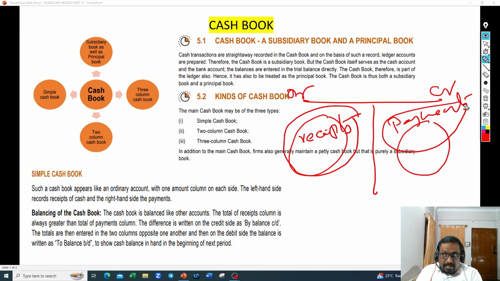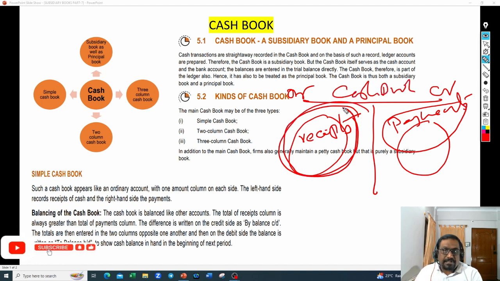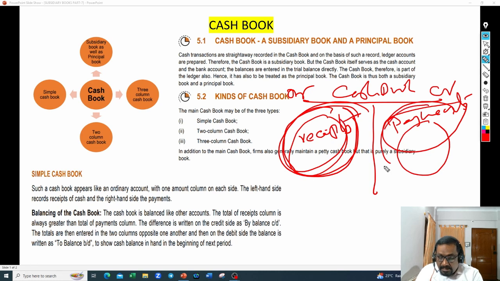Do you agree with me? Right. So in the cash book, all cash receipts will be recorded on the debit side and cash payments will be recorded on the credit side. This is a very important point. Only cash receipts and cash payments.